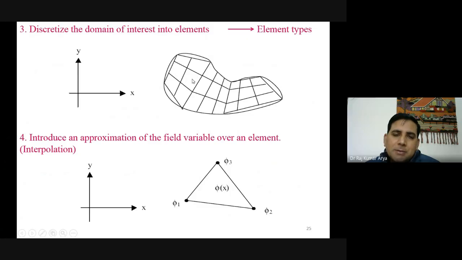Where change is very appreciable, you can take a smaller mesh. You see here, these elements are bigger. As you go close to the boundary, you get closer ones, so you will have different elements at these points.